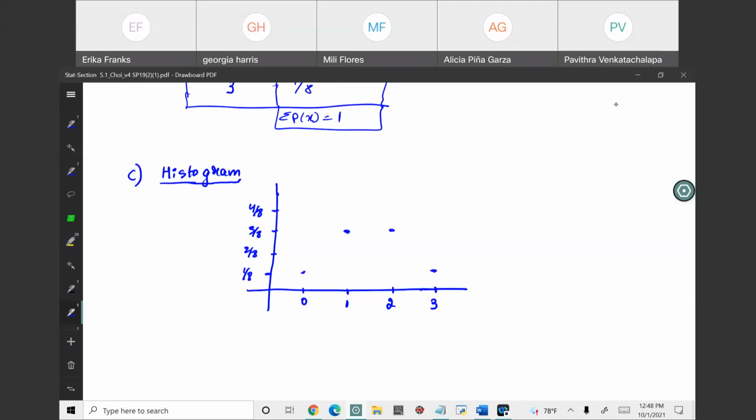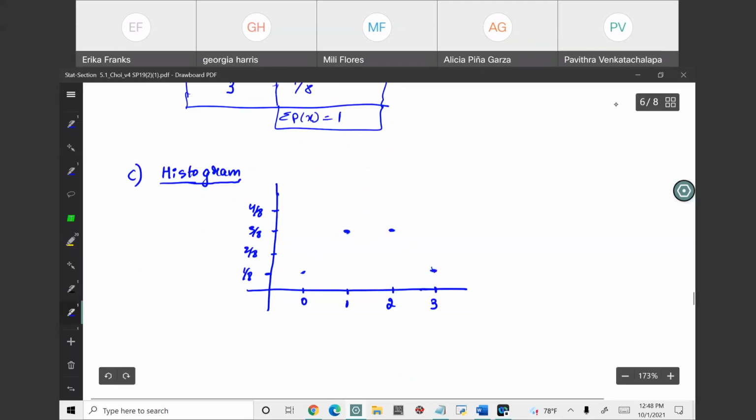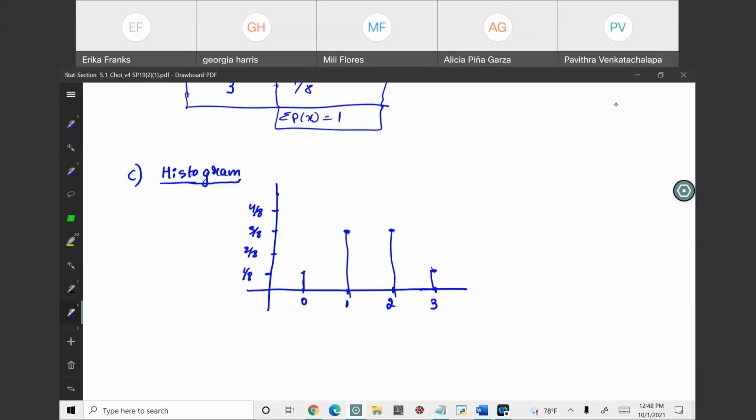Now I will join this. Is this the histogram? This is not a histogram, right? Histograms must have bars. How can I construct it? Maybe I can draw a straight line. Is this the histogram? No, we just have a vertical line, right?